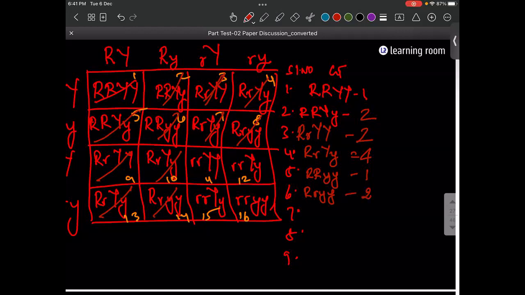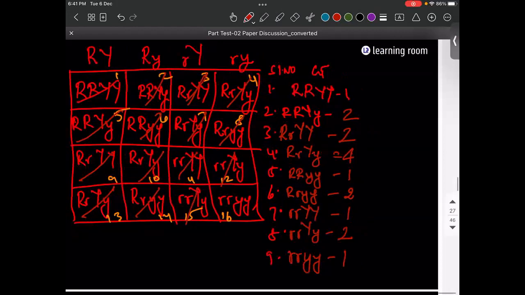Next, small r. So the rest are all 1, except 12 and 15. Small r, small r, capital Y, capital Y: how many? Only one, sir. Then small r, small r, capital Y, small y, that is 2, 12 and 15. Then small r, small r, small y, small y will be 1.